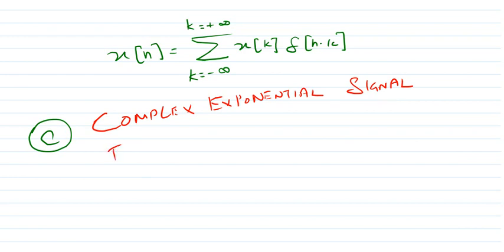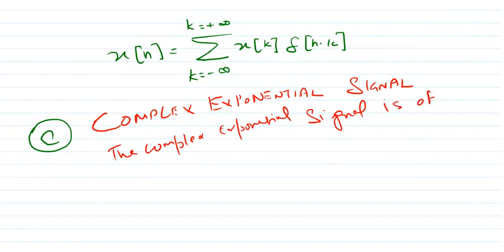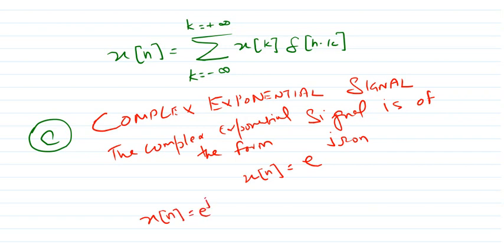The complex exponential signal is of the form x[n] equals e raised to the power j omega naught n. How do we write this x[n]? e raised to the power j omega naught n is cos omega naught n plus j sin omega naught n.